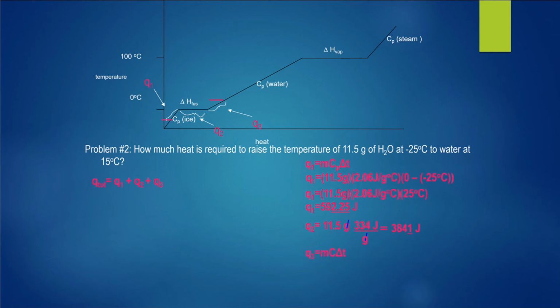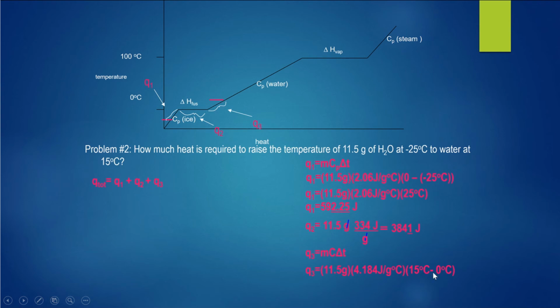And finally, our Q3, we now need to bring up the temperature of our now liquid water to positive 15 degrees Celsius. Again, the total mass should not have changed. We still have 11.5 grams of water. The one difference here is our specific heat. For liquid water, it's 4.184 joules per gram degree Celsius.